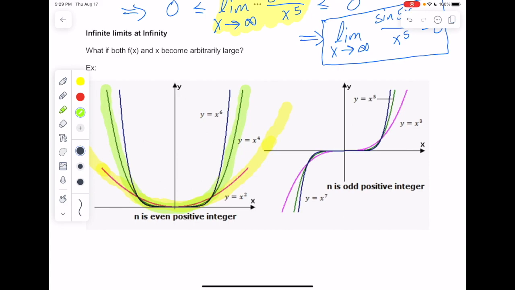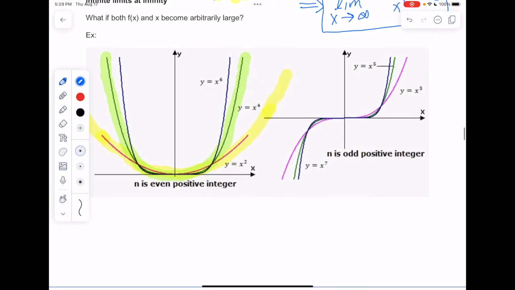So it looks like when you have an even power, 2, 4, 6, 8, and so on, if you were to look at the limit as x approaches infinity of x to the n when n is even, so we're talking about the right-hand side of these, it looks like they're all going upward towards infinity. So the x value is going to infinity, and when that happens, so is the y.